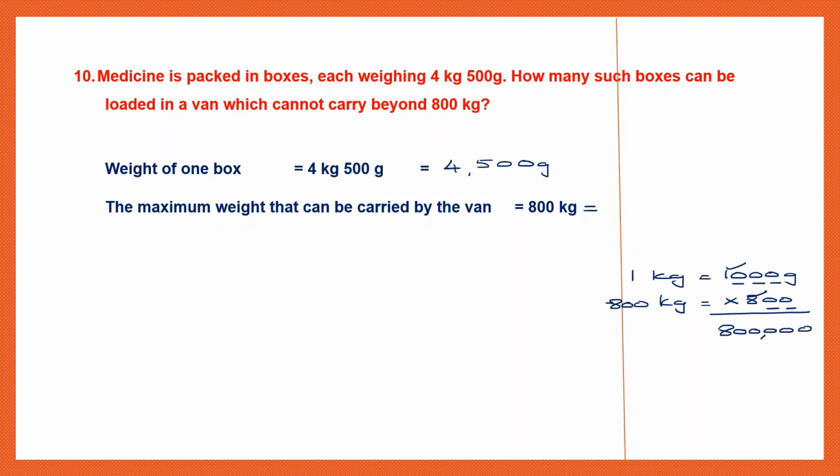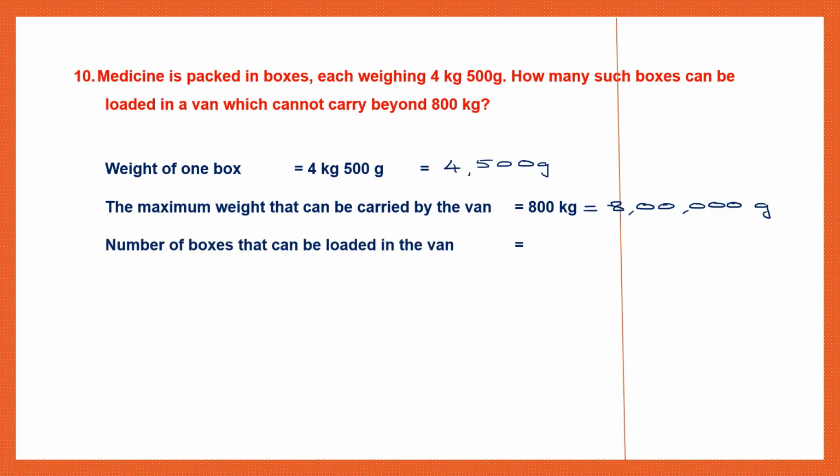So what do we have? We have 8 lakhs. That means the maximum weight that can be carried by the van is 800 kilograms or 8 lakhs grams. Okay. Now we have to find the number of boxes that can be loaded in the van.